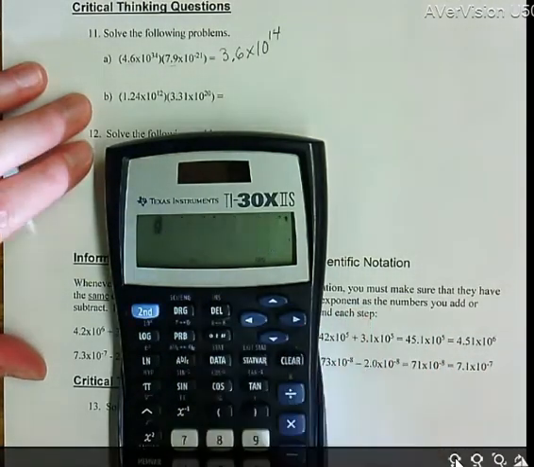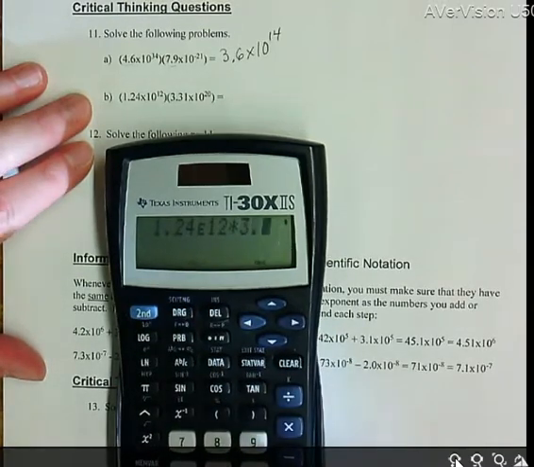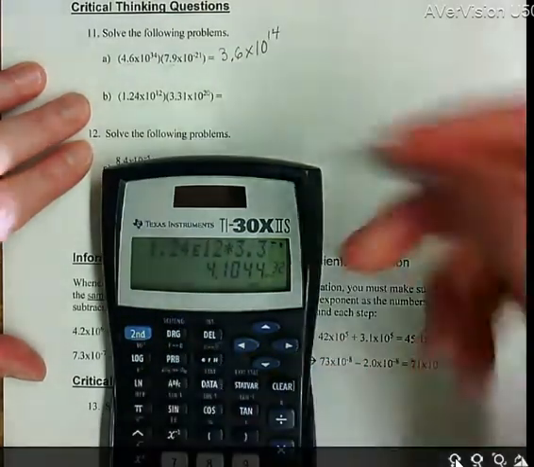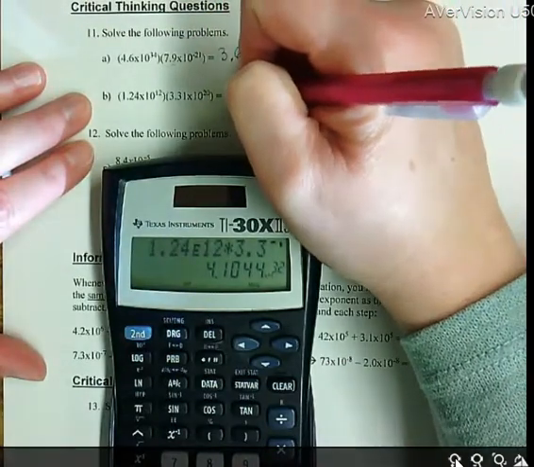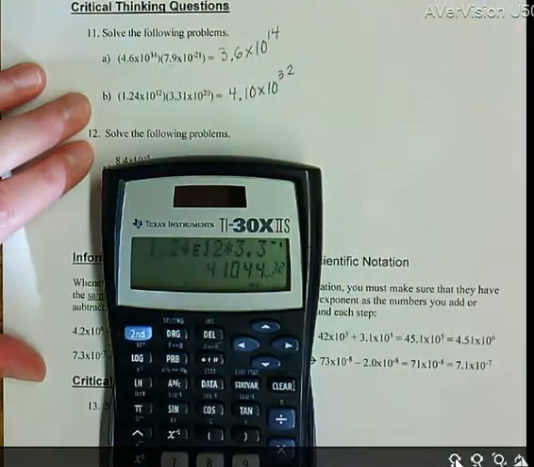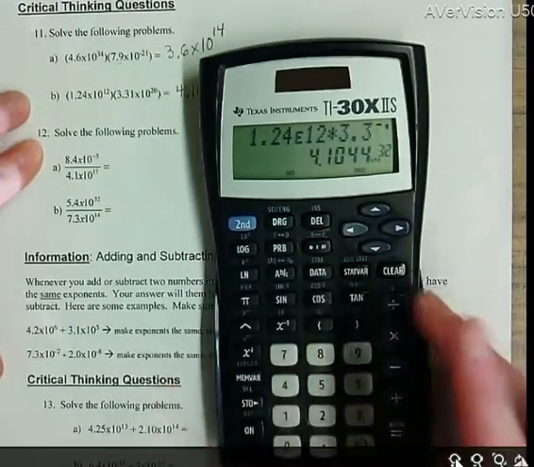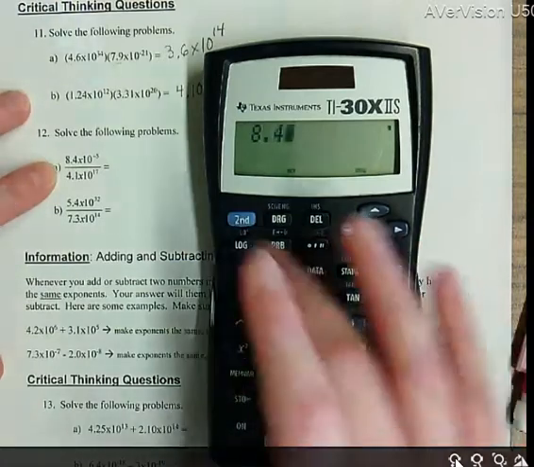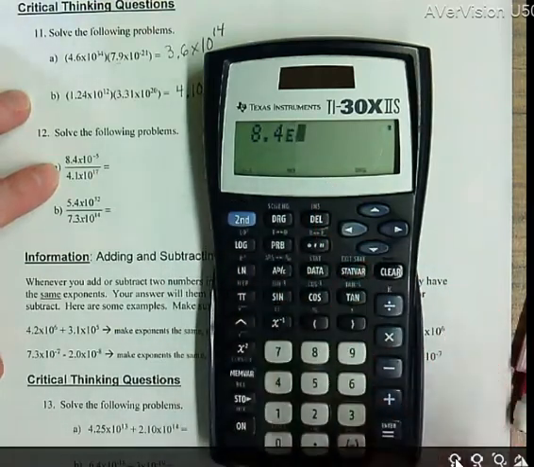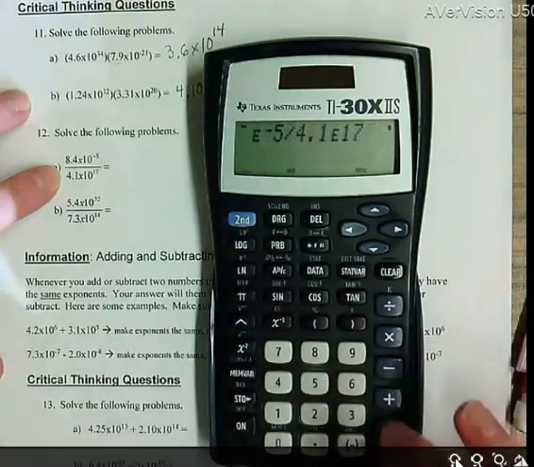So this next one, right, 1.24 e to the 12th times 3.31 e to the 20. And those each have 3 significant figures, so I'm going to use 4.10 times 10 to the 32nd. The next ones, again, same thing, right? So 8.4 e negative 5th divided by 4.1 e to the 17th.